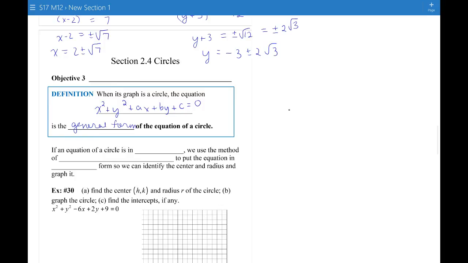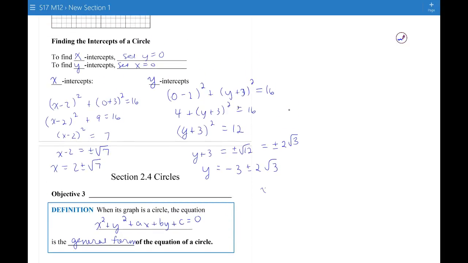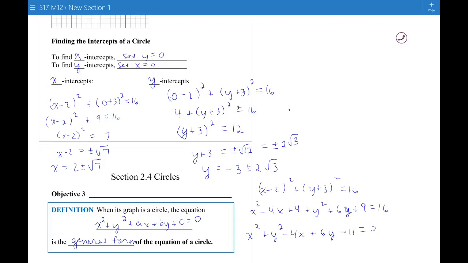So if we squared out the previous example, and we did the x minus 2 quantity squared plus the y plus 3 quantity squared equals 16, we'd get x squared minus 4x plus 4 plus y squared plus 6y plus 9 equals 16. So we'd have x squared plus y squared minus 4x plus 6y minus 3 equals 0, and then it would be in this general form.